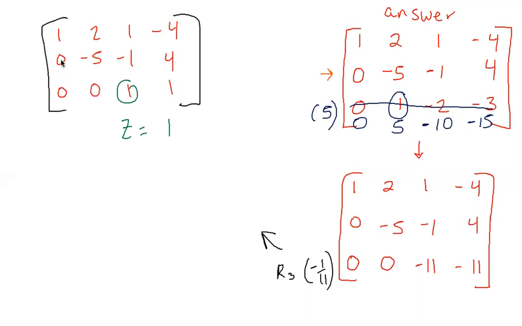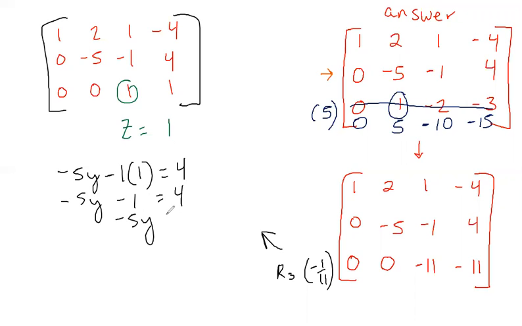Row 2, we have 0x, we have negative 5y minus 1 times z, but z is worth the 1 we just found, and that equals 4. So if we solve this, we have negative 5y minus 1 equals 4. Adding 1 on both sides, we've got negative 5y equals 5. And then dividing both sides by negative 5, we have y equals negative 1.